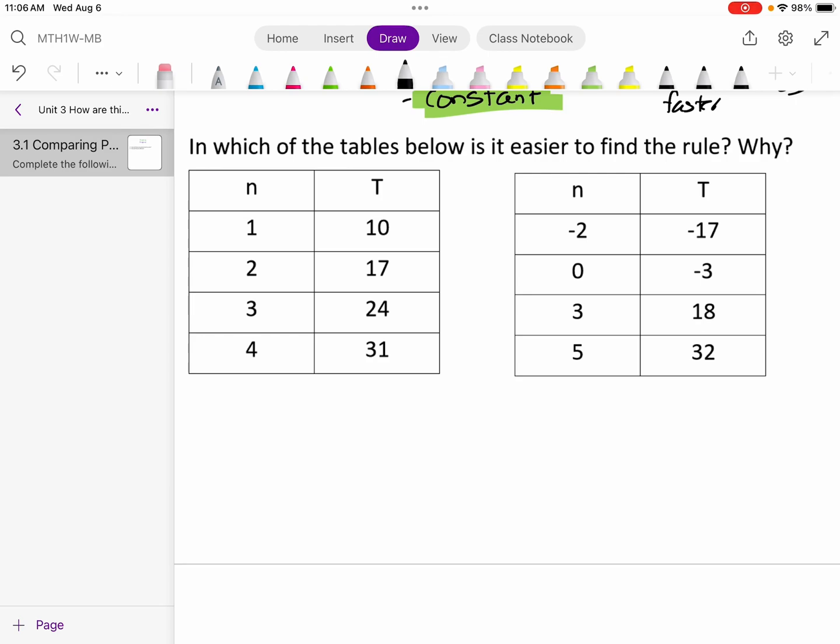Okay, so when I look at pattern 1, this goes up by 7. Then we're going to go up by 7 again. And then we're going to go up by 7 again. So I have y equals 7x.